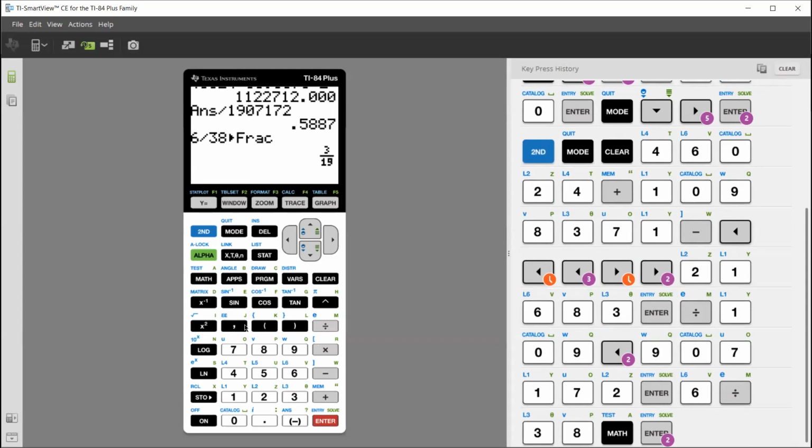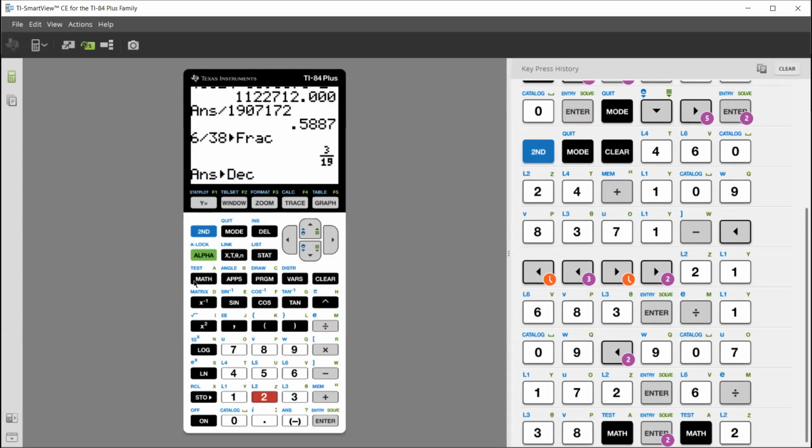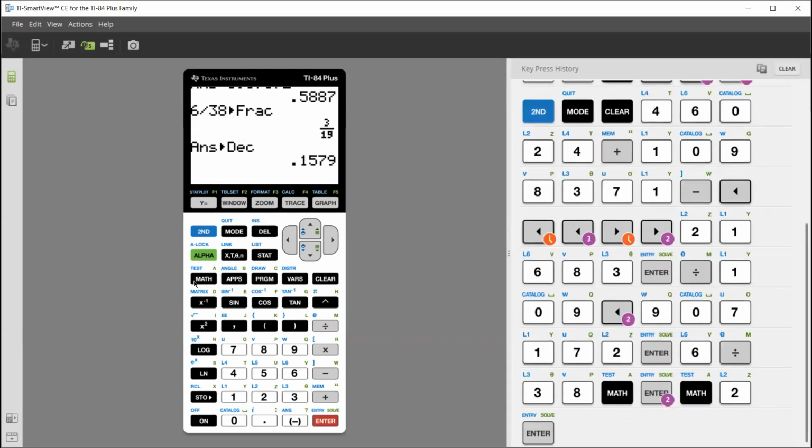So there's my reduced fraction. It's 3/19. Okay, and if I want the decimal, I can convert that to a decimal number, which is 0.1579, or I could have just entered it again and divided.